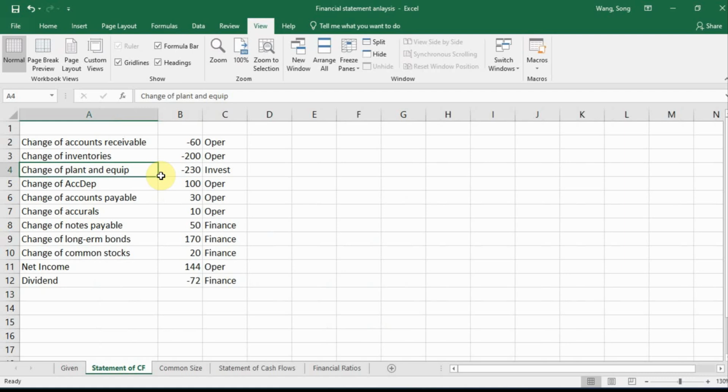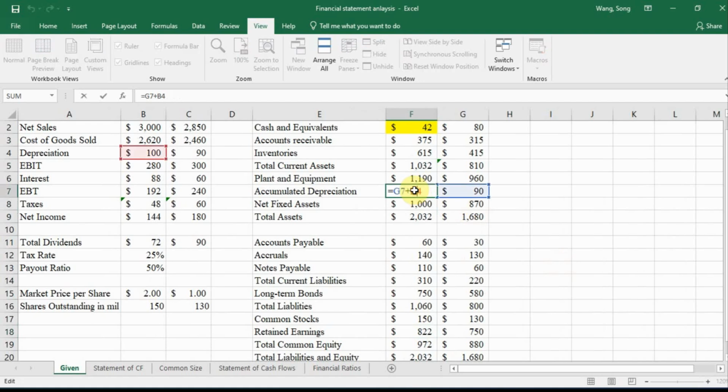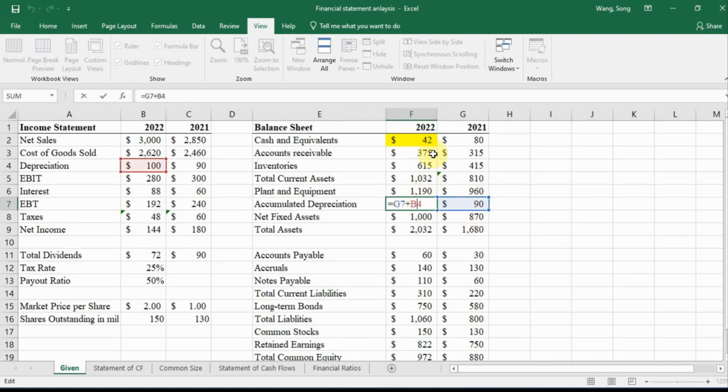And right here, you also see the change of accumulated depreciation. That's a 100. Remember, when we calculate the accumulated depreciation for 2022, it equals the same item in the previous year plus the depreciation expense this year, which means the change of accumulated depreciation equals the depreciation this year.